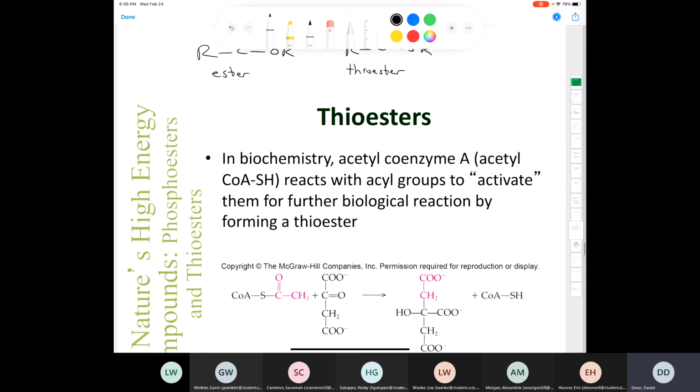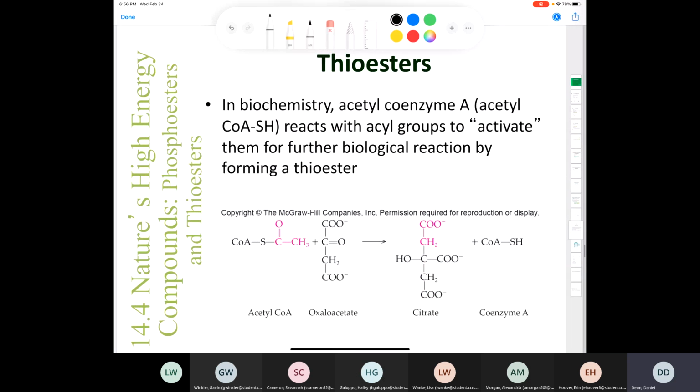Acetyl coenzyme A is a molecule we're going to see a lot in the biochemistry section of this class, and it possesses a thioester in it. So you should be able to recognize a thioester as well.